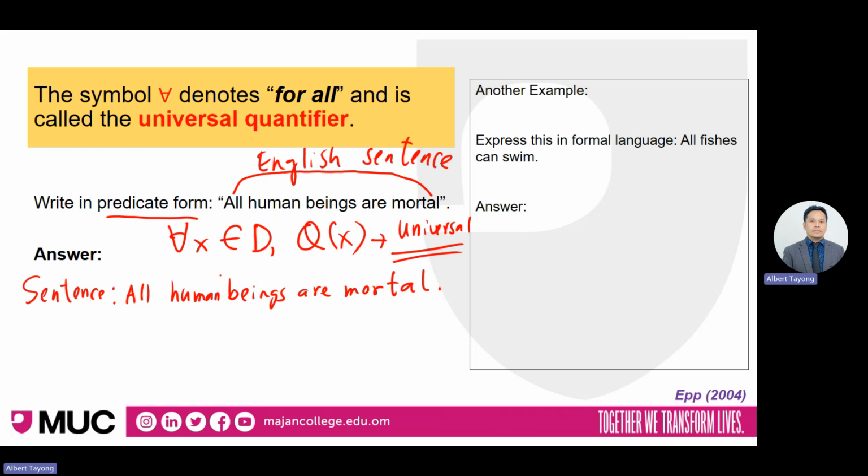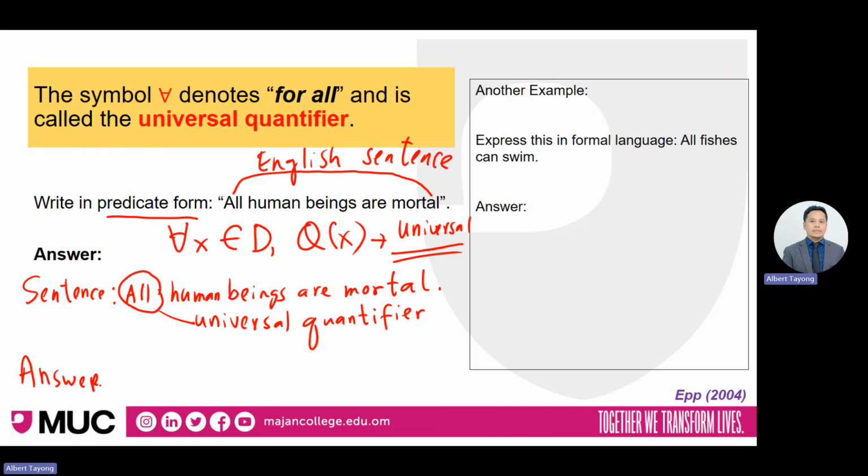Now, "all" is the quantifier, and "human beings" is the subject. Basically the subject is this, all human beings, including the quantifier all. So this is the universal quantifier. It tells us that all human beings, we don't exclude any here.